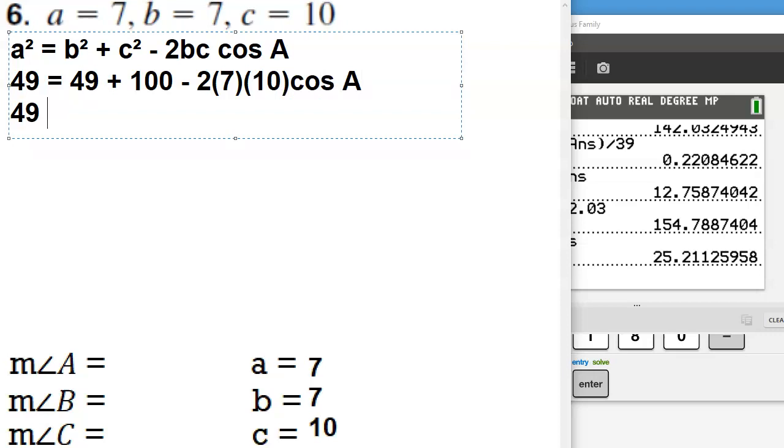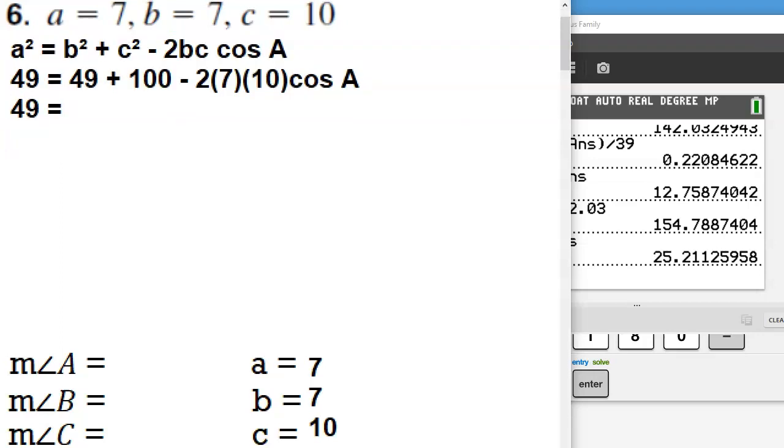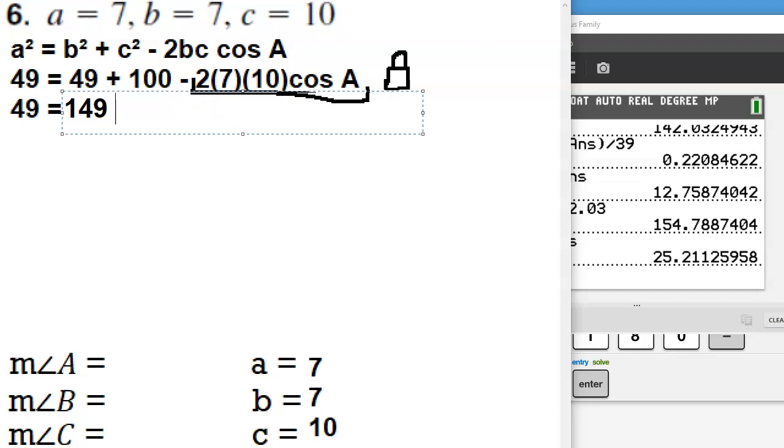All right, so 49 equals, remember what I talked about before, it was super cheesy, but that's okay. This is locked down. You can't touch that part because it is not going to be a like term with the other stuff. Okay, so you can add the 49 and the 100 over here, but you can't do anything with the other stuff. 2 times 7 is 14. 14 times 10 is 140.